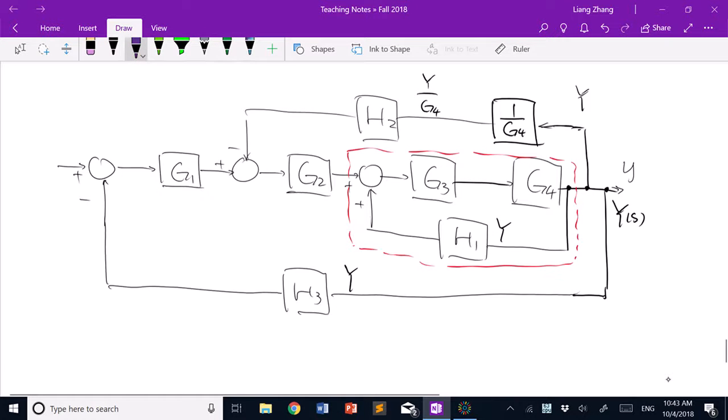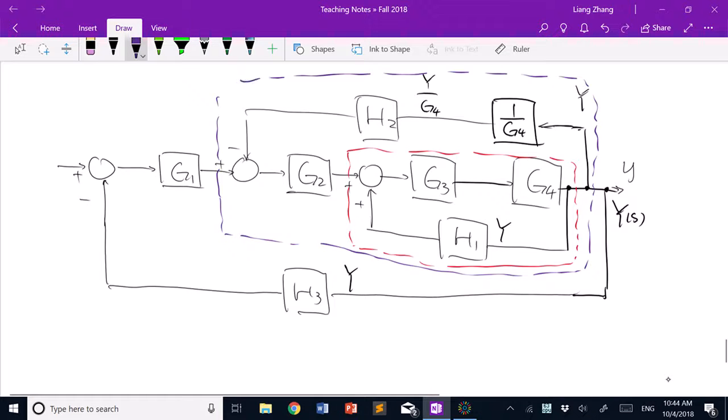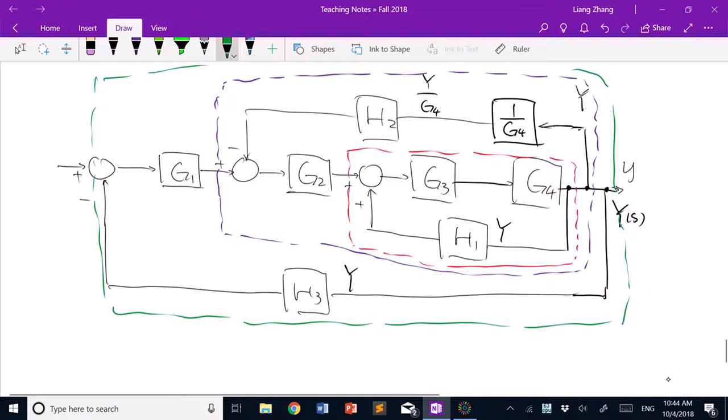And I'll have, this is my second layer, right? Where the inner loop is just part of that. And then you have eventually the outer one, which represents the entire system.